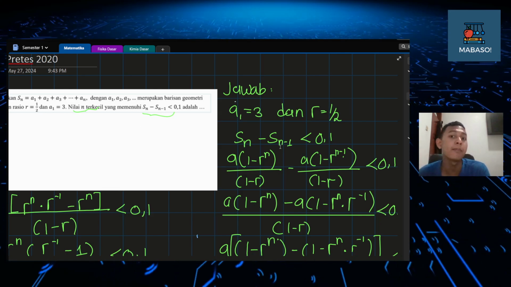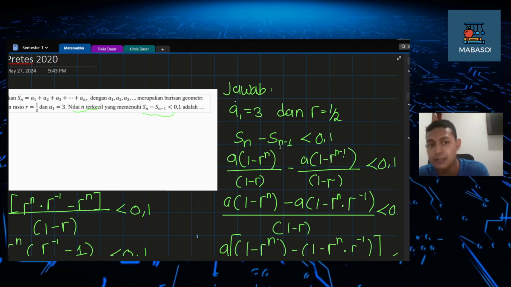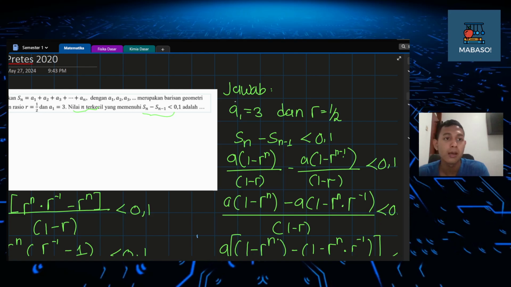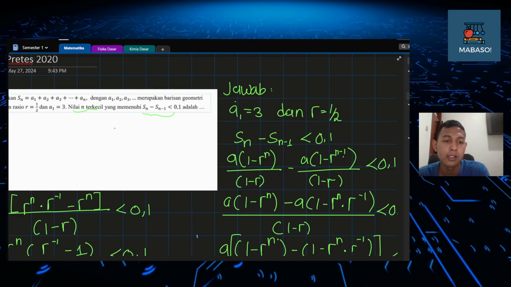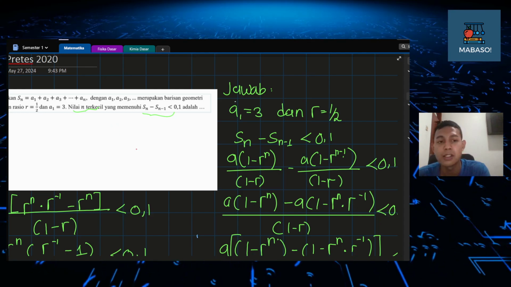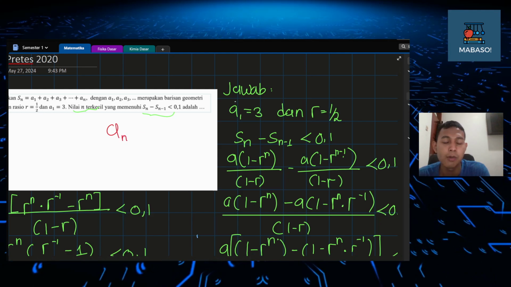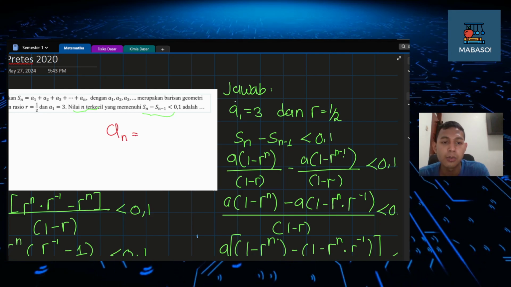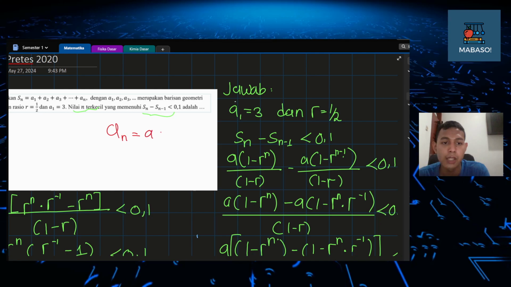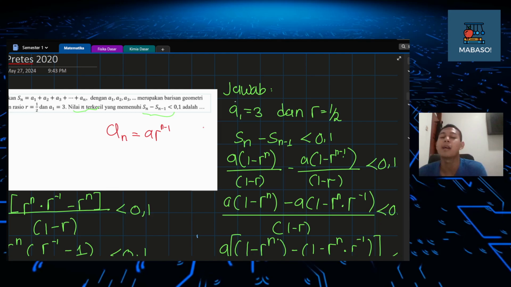This is important information for analyzing geometric progressions, because if we want to find the nth term of a geometric progression, a_n equals a times r to the power of n minus 1.